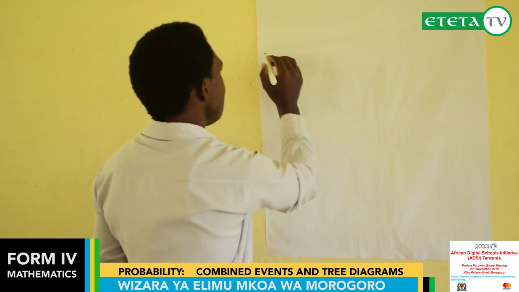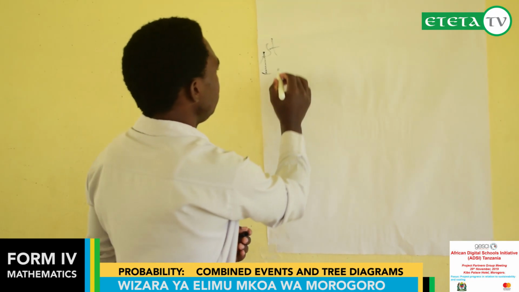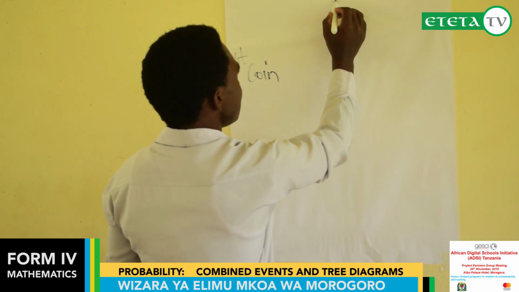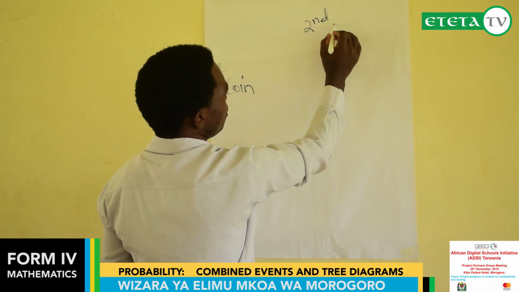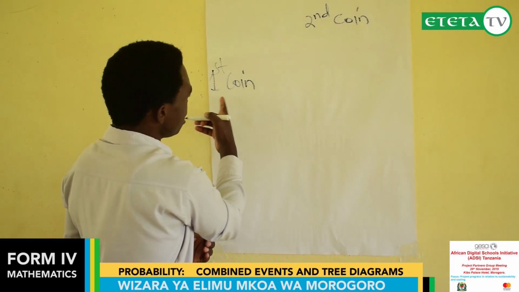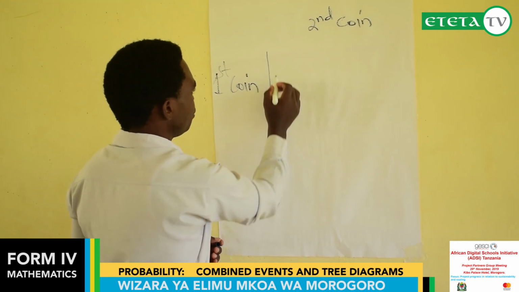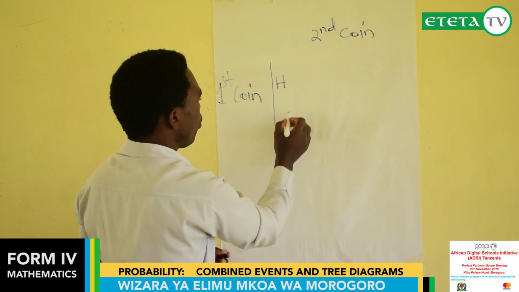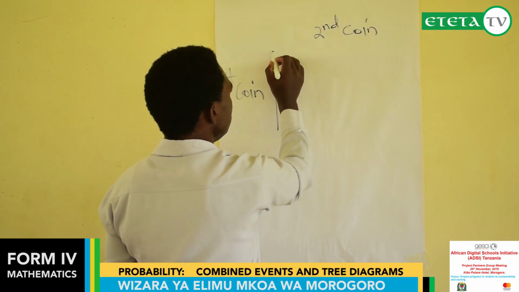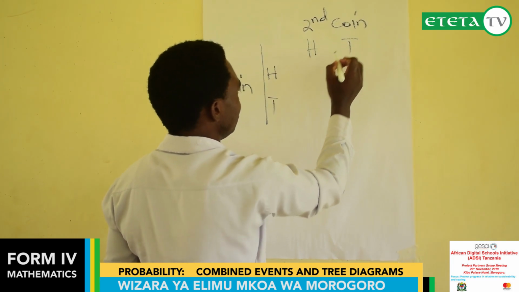Here we have the first coin on this side, and the second coin on this side. For the first coin we have two outcomes, either a head or a tail. And on the second coin, it can also appear a head or a tail.